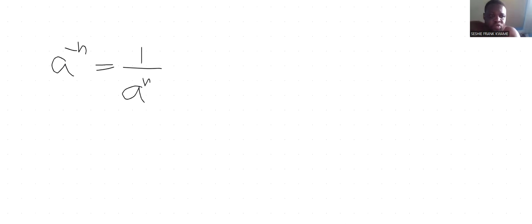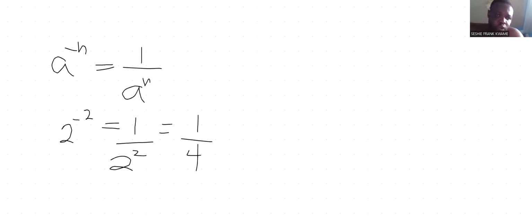So if I have 2 index negative 2, it is the same as 1 over 2 squared, which is 1 out of 4. 2 squared is 2 times 2. So there's a negative law also. Just turn the thing upside down, the negative leaves. That is the negative law. So all negative exponents are fractions in this class.